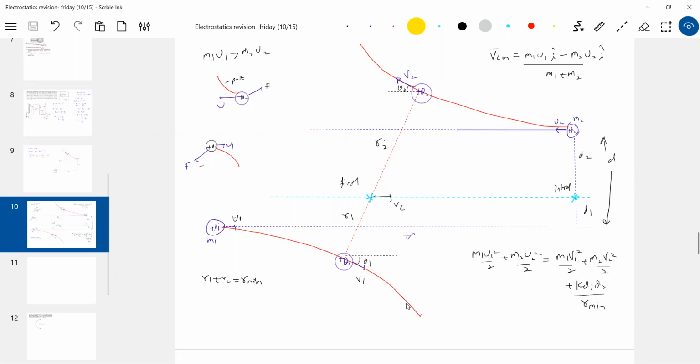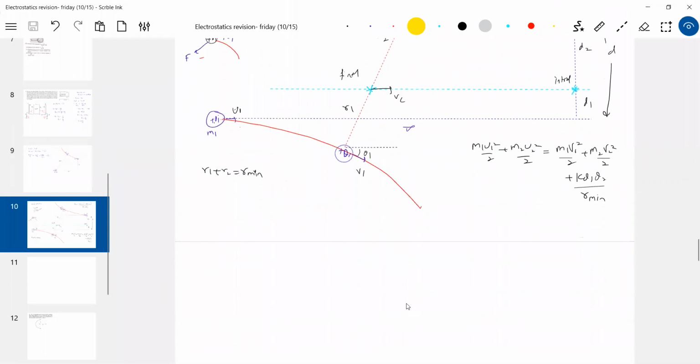Conservation of linear momentum, that anyway I'll apply. But one more along the line joining, I should bring one condition, no? Actually, at this particular point they'll have a common velocity along the line joining them. When theta 1 is equal to theta 2, sir.